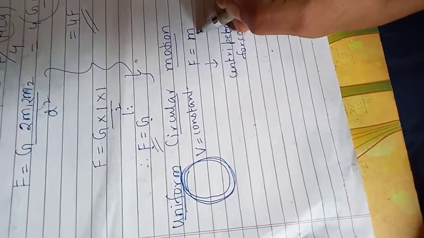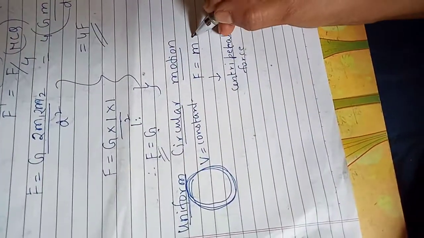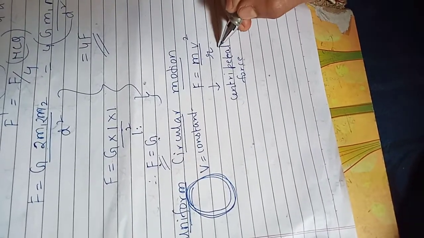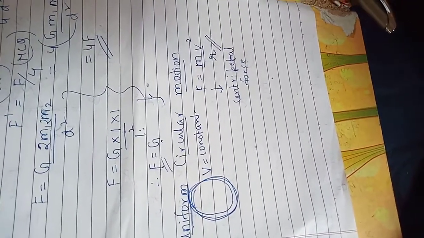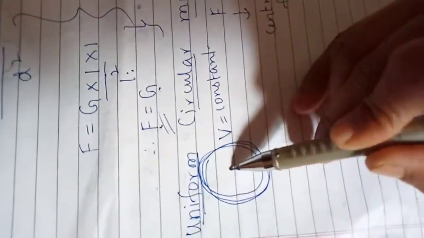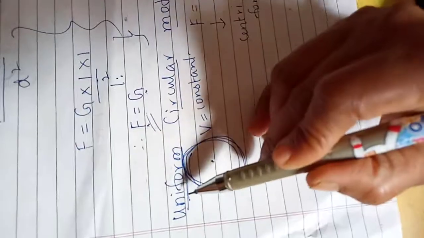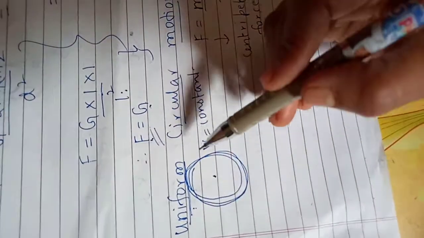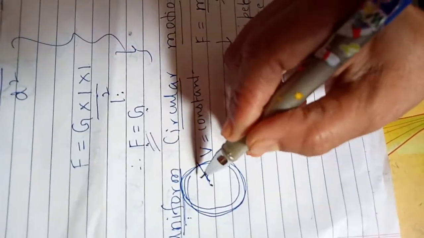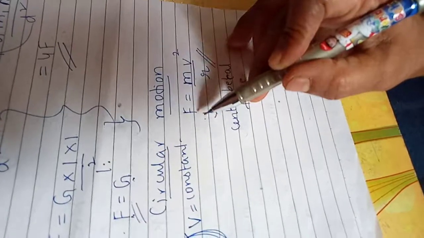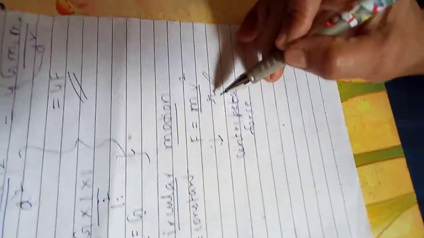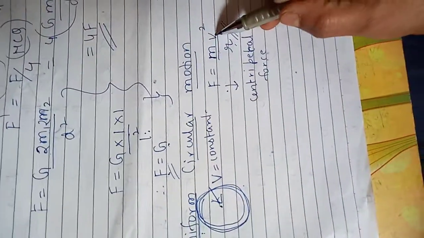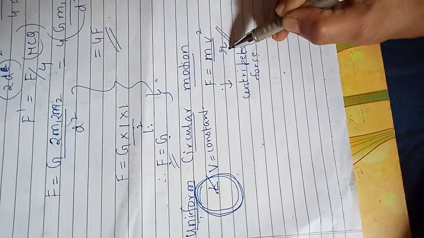If M is the mass of the particle moving along the circumference, V is the velocity and R is the radius of the circle, then F is equal to mv square by R. In uniform circular motion, the force acting on the particle is the centripetal force, whose expression is mv square by R, where M is the mass of the particle, V is the speed, R is the radius of the circle.